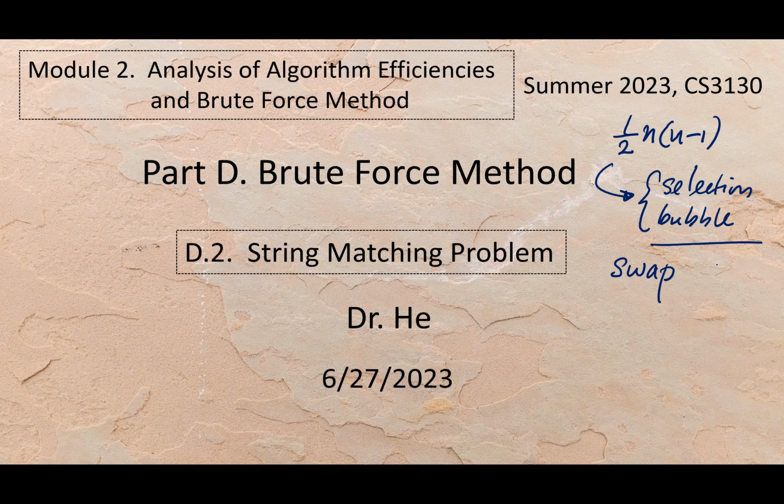In selection sort, we find the minimum. Every scan, you find the minimum of the current array, then you do one swap operation to put that minimum in place. So every scan, you only do one swap operation. But in bubble sort, in one scan, we usually do many swap operations.